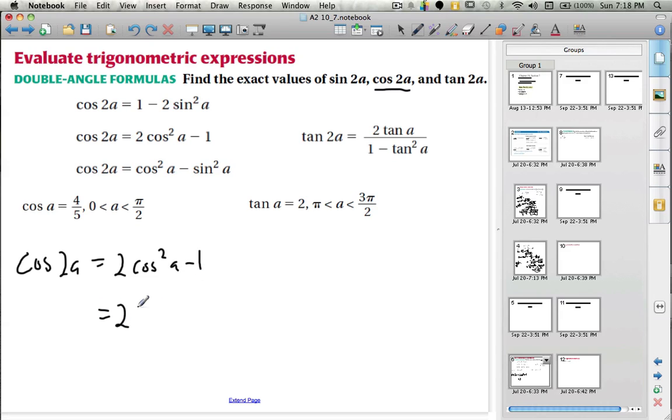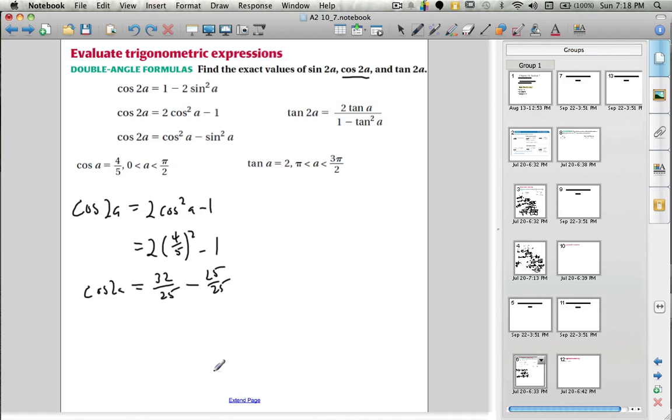So that's going to be 2 times 4/5 squared minus 1. So this is going to be 16/25, but times 2, so I'll have 32/25 minus 1, which would be 25/25. So the cosine of 2a will be equal to 32 minus 25. That would be 7/25.